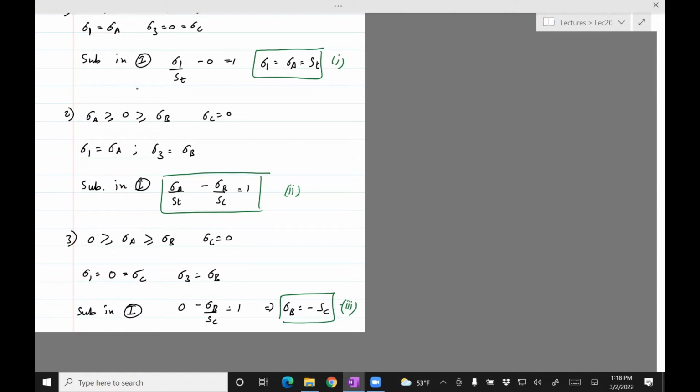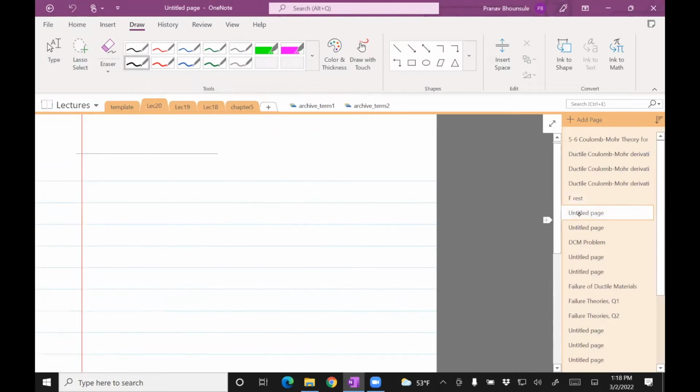Okay, so let's plot that. From 1, 2, and 3.